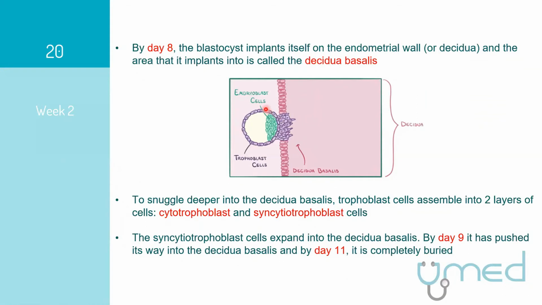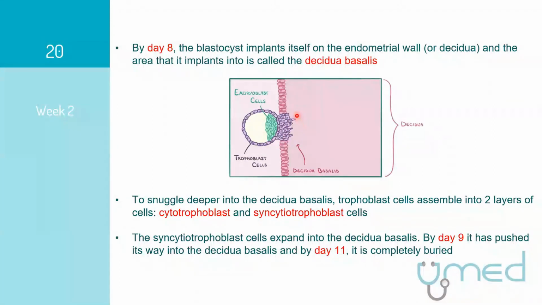So remember how I said we have this cytotrophoblast? This cytotrophoblast would then have mitotic activity, and it will push more new cells into the cytotrophoblast. So you'll see that this area, which is the cytotrophoblast, will grow. So this will become bigger and bigger and bigger.